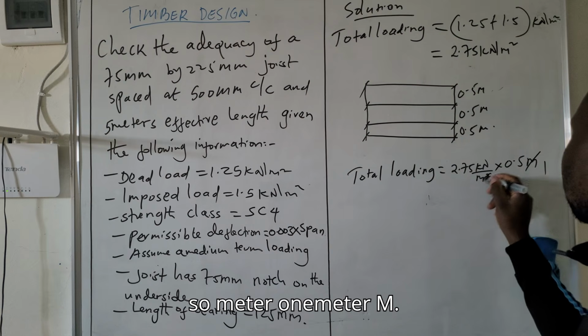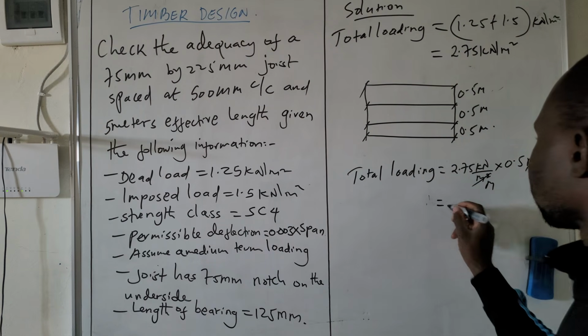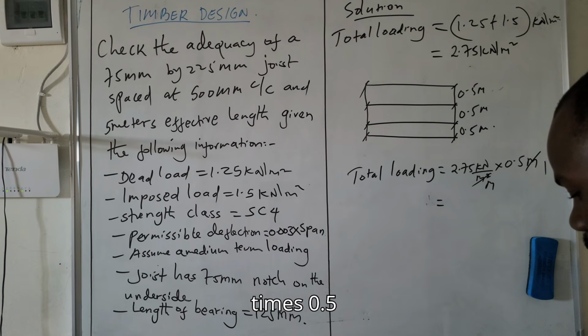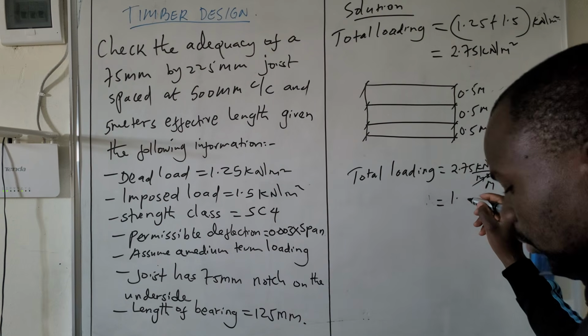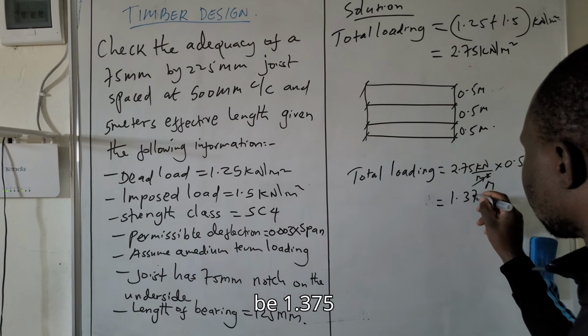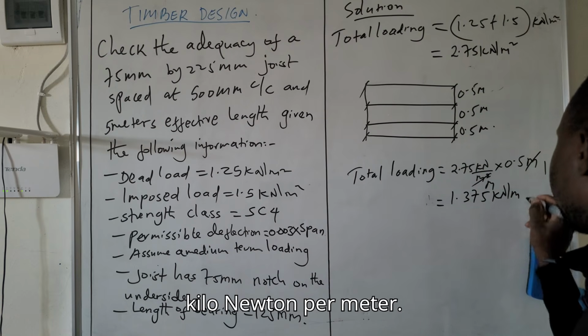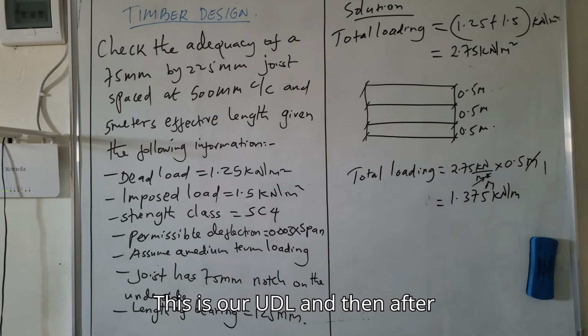So we'll have 2.75 times 0.5, so this one will be 1.375 kilonewton per meter. This is our UDL.